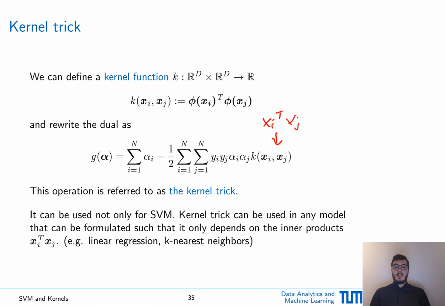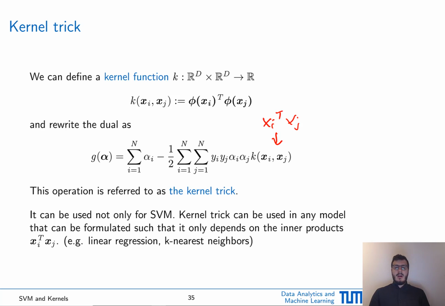And this kernel trick is widely used, not only with SVMs. It can be used with linear regression, k-nearest neighbors, and when we do this, we obtain what are called the kernelized variants of linear regression or kernelized k-nearest neighbors and so on. In one of the next lectures, we'll talk about principal component analysis, which can also be kernelized. So many of the methods in the machine learning literature can actually be kernelized.